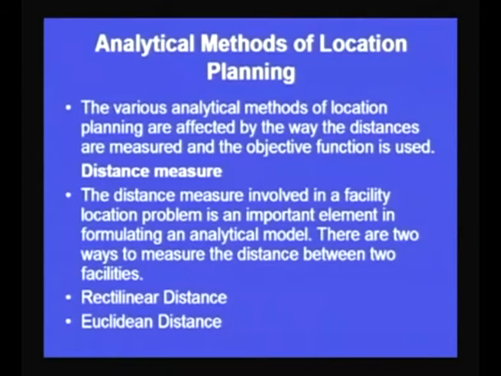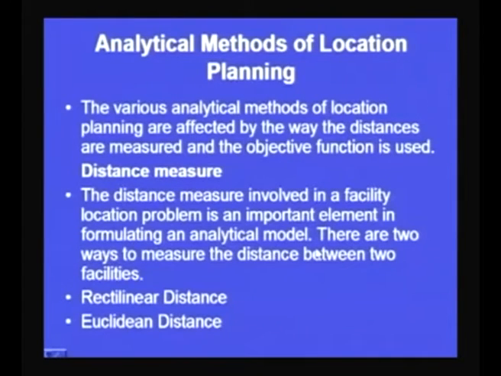So today we will see the two different methods of measuring the distance. These are the rectilinear distance and the Euclidean distance. The distance measure can be accomplished in these two ways, rectilinear and Euclidean. The distance measure involved in a facility location problem is an important element in formulating an analytical model, which I have already told.